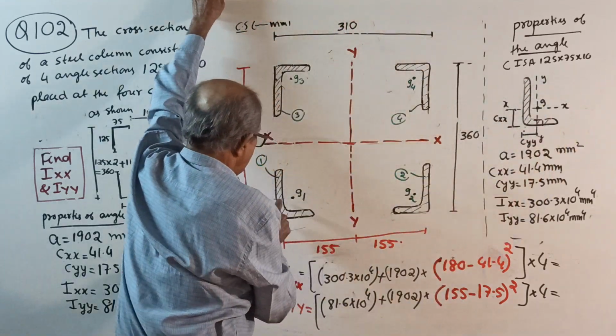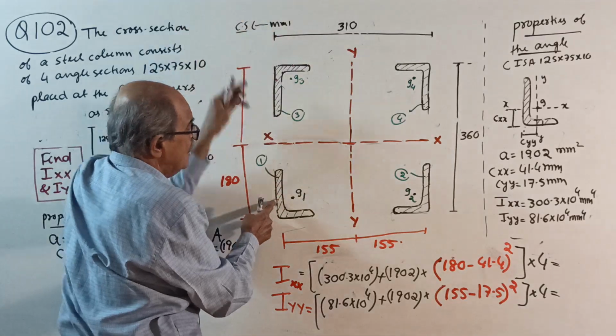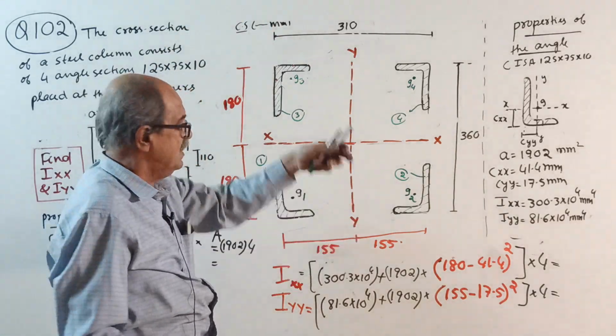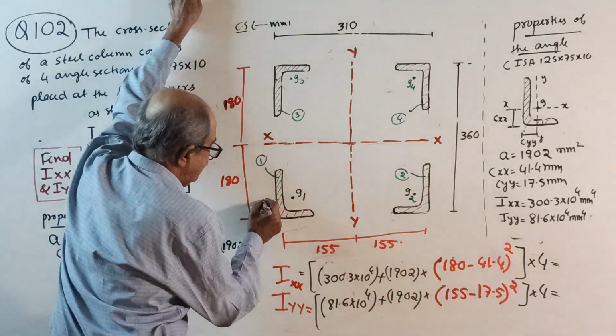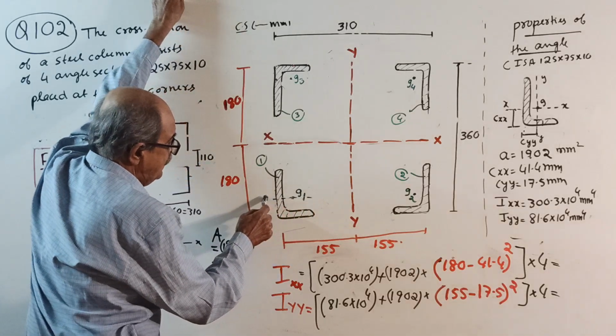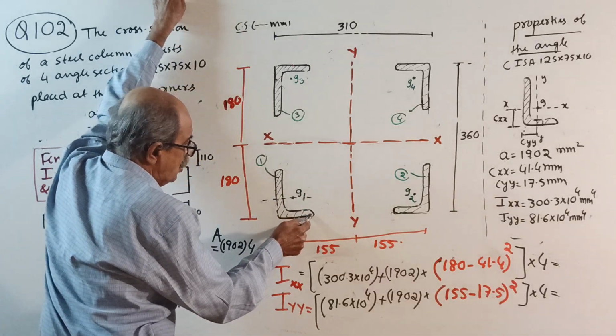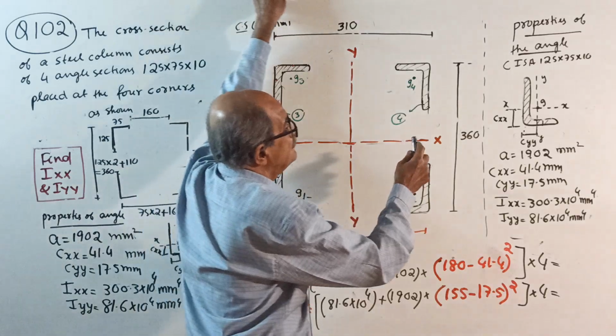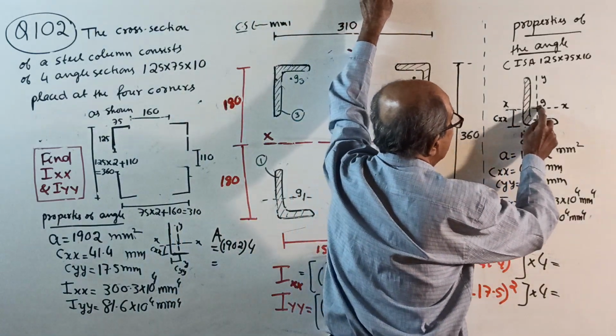Yes, angle number 1. So consider angle 1 for reference, then identical for all. I about its own centroidal axis first. This axis is parallel to the shorter leg, and it is exactly the same as this axis.